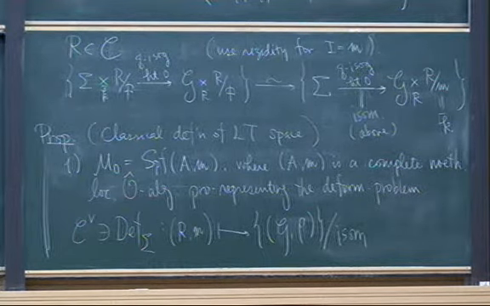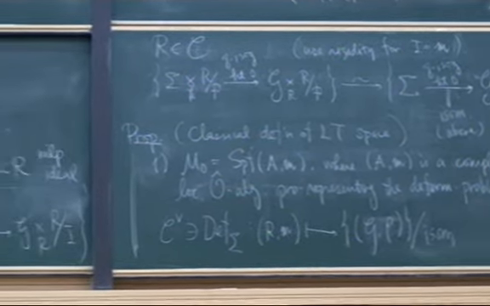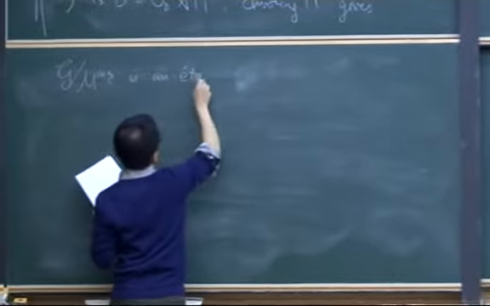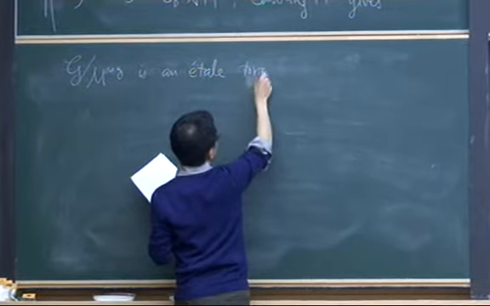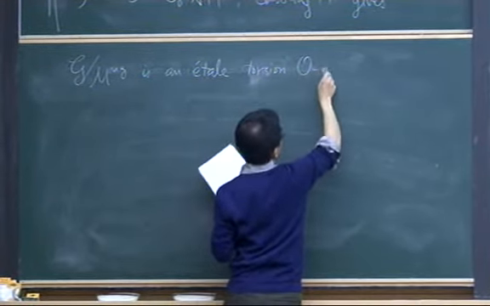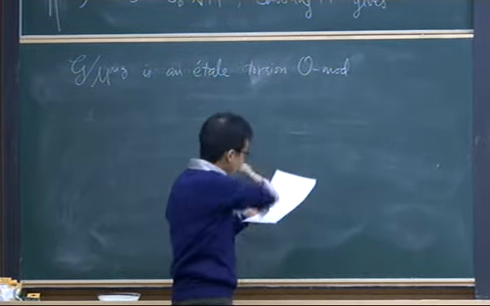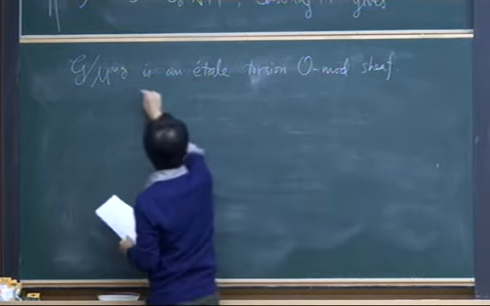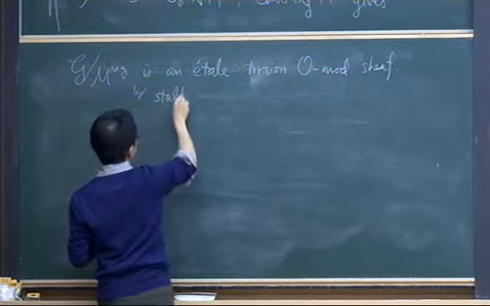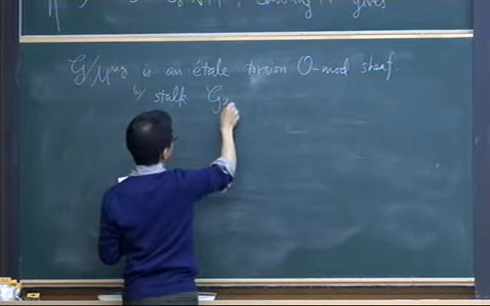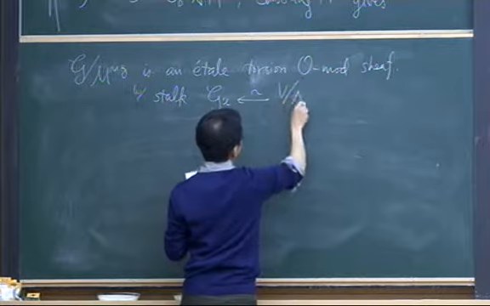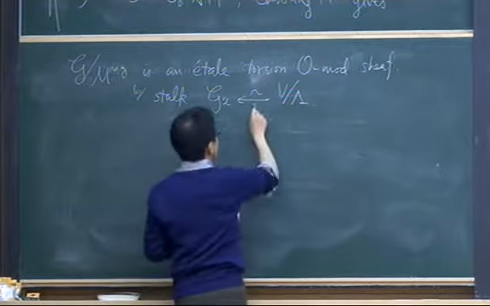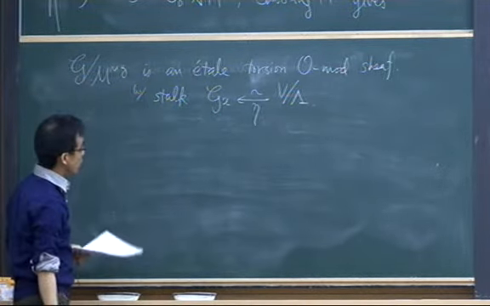And now what is G on M-rig? G is now an étale sheaf. I mean, it was an fppf sheaf, but now it becomes an étale sheaf because we're in characteristic 0, with stalk isomorphic to V mod lambda.